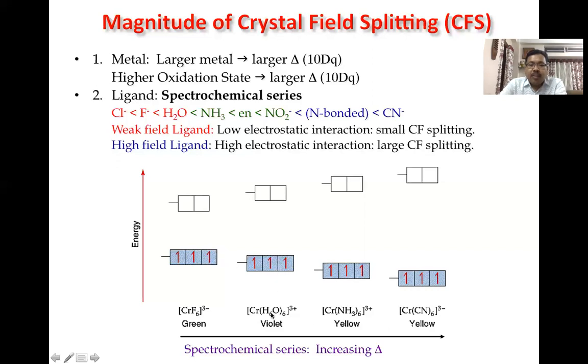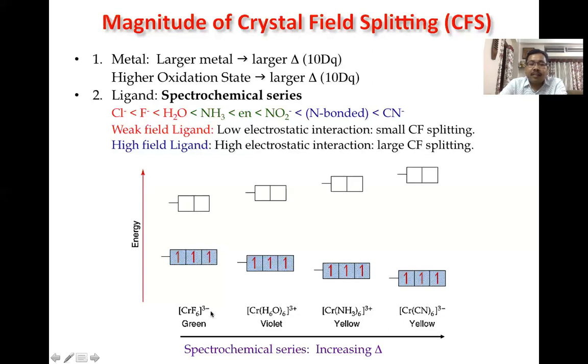The same is the situation in Cr(H2O)6 3 plus. All these complexes carry the same metal ion, but the ligands associated with the metal ion are different.